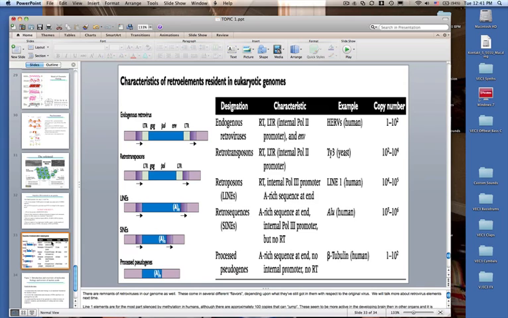How cool is that, right? So it's actually evolving with us over time to have tissue-specific expression: syncytiotrophoblasts, salivary glands, and also pluripotency.